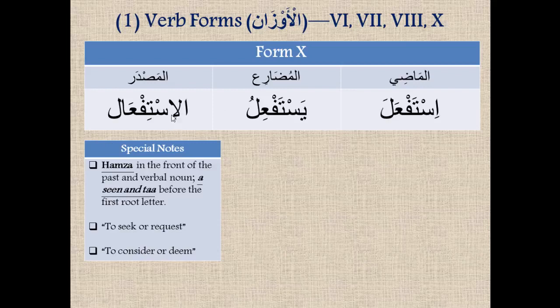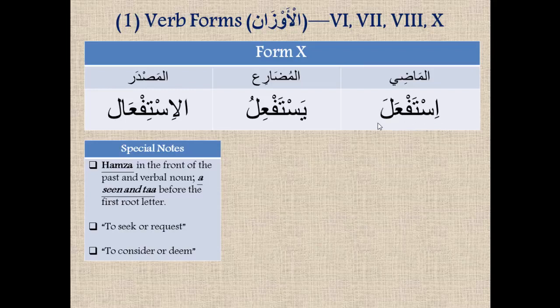Istaf'ala and istif'al. Moreover, we've added a sin and a ta before the first root letter. So we have istaf'ala, hamza, sin, ta, yastaf'ilu, sin and ta, wal istif'al, hamza, sin and ta. So in the past tense, in the madi, we have three things going on. Hamza, sin and ta before the radicals show up later on.